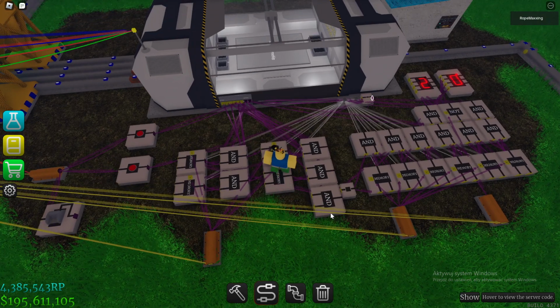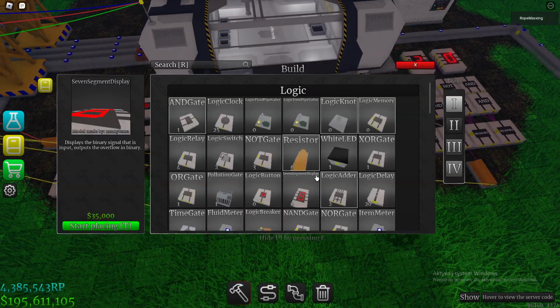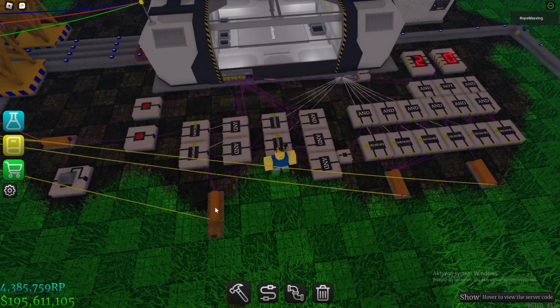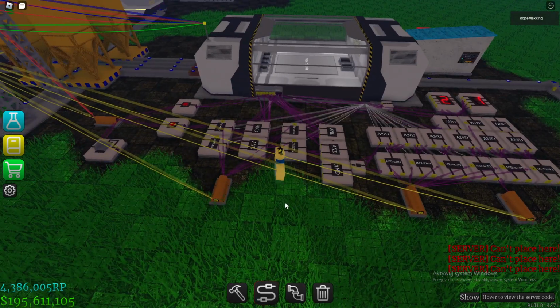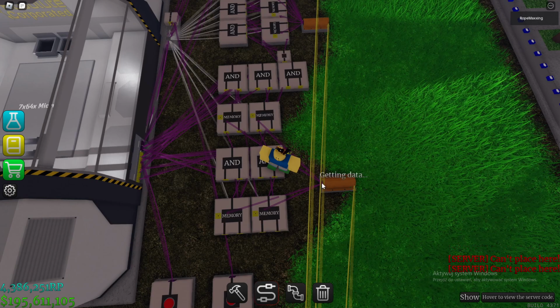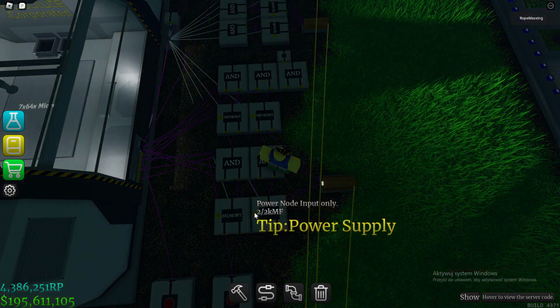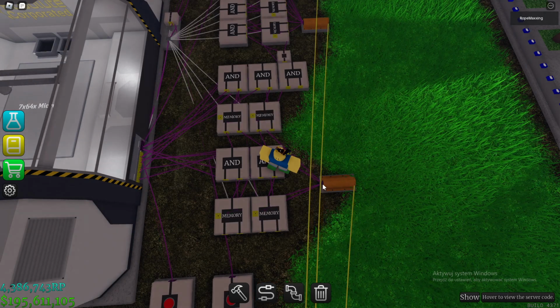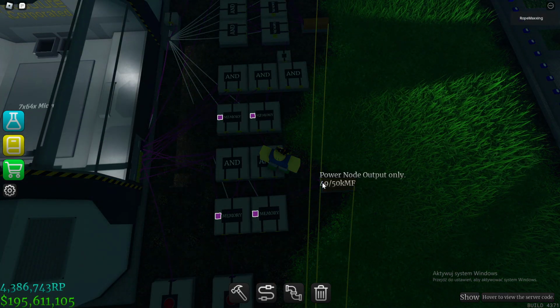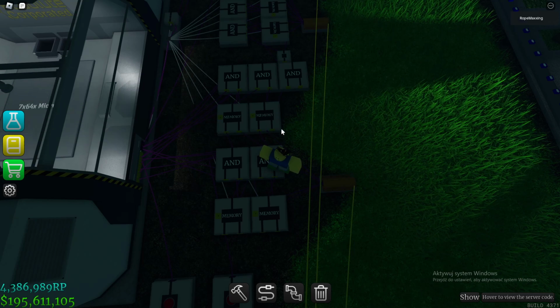After that, you are basically finished. All you need is 3 more resistors, like this. Then connect the resistors with power, of course, and then connect these resistors into the power supplies of the memory segments. Connect this resistor into 4 power supplies of these 4 memories.